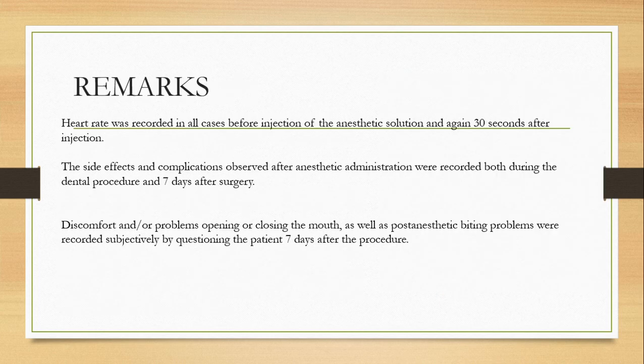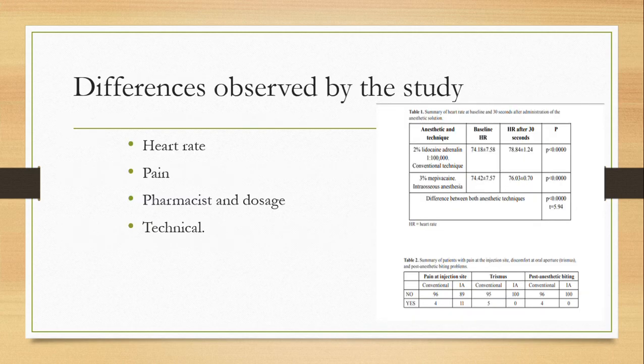Here in slide number 5, we can take a look at the differences between IA and conventional anesthetics. For this, heart rate, pain, pharmacology, dosage and technique were taken into account for making the comparisons.